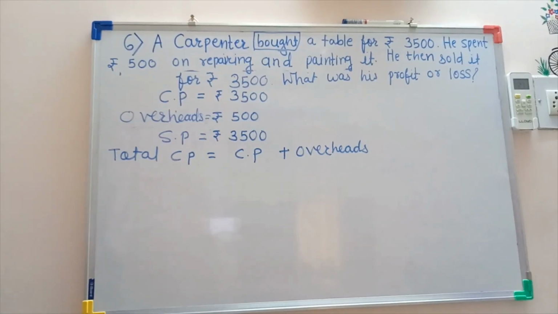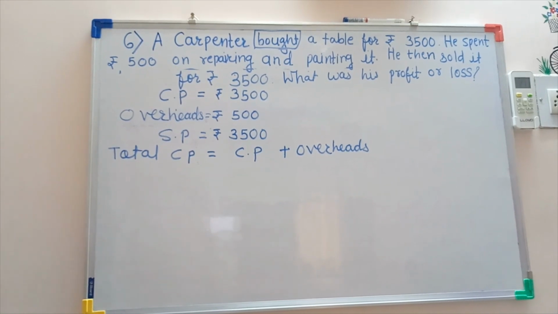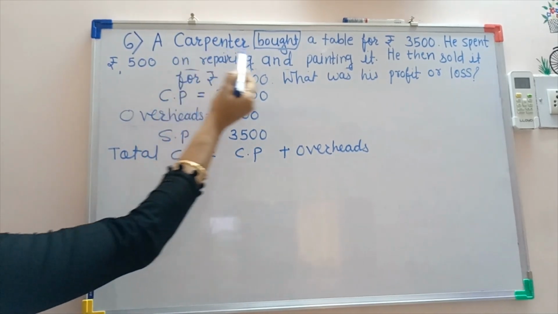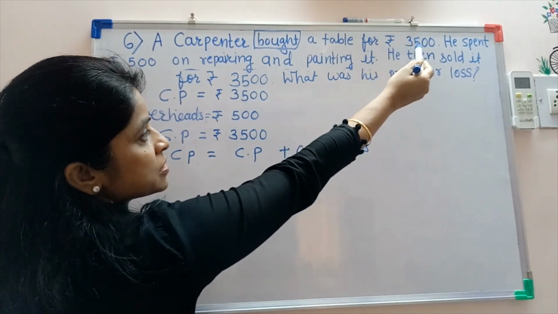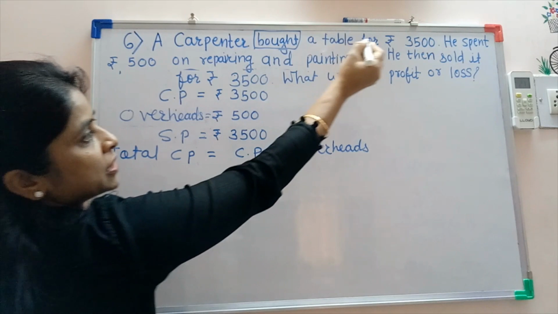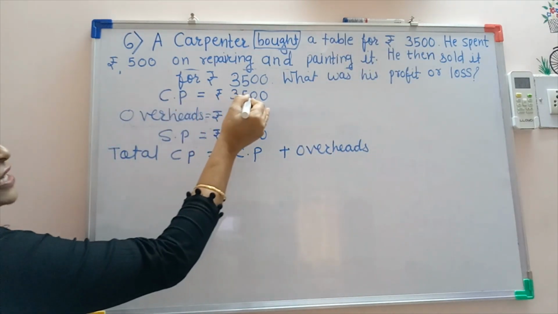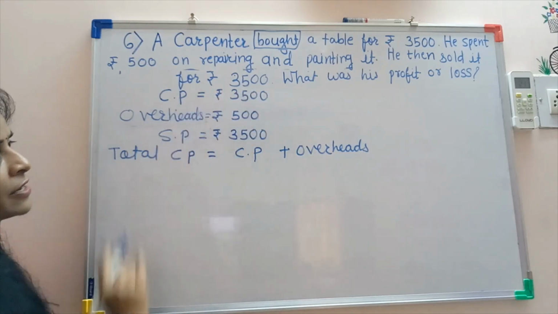See one more example. A carpenter bought a table for rupees 3,500. He spent rupees 500 on repairing and painting it. He then sold it for rupees 3,500. What was his profit or loss? Here bought is nothing but the buying price, or you can say the cost price of the table, rupees 3,500.